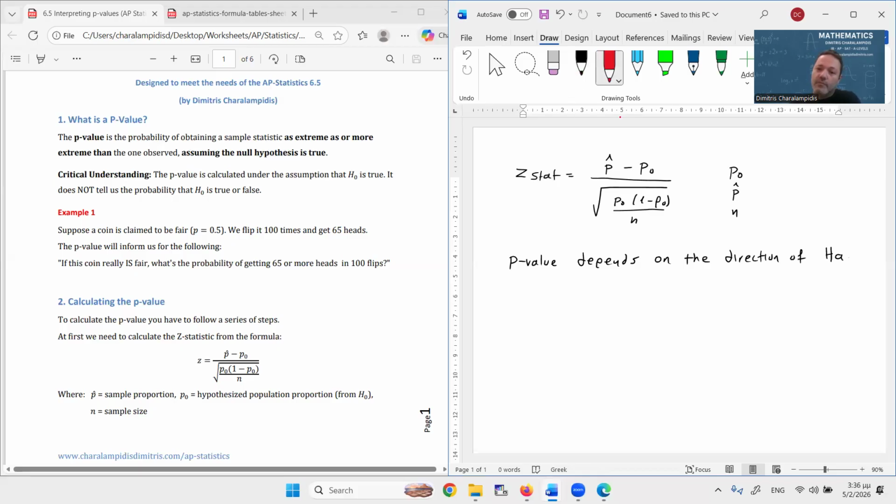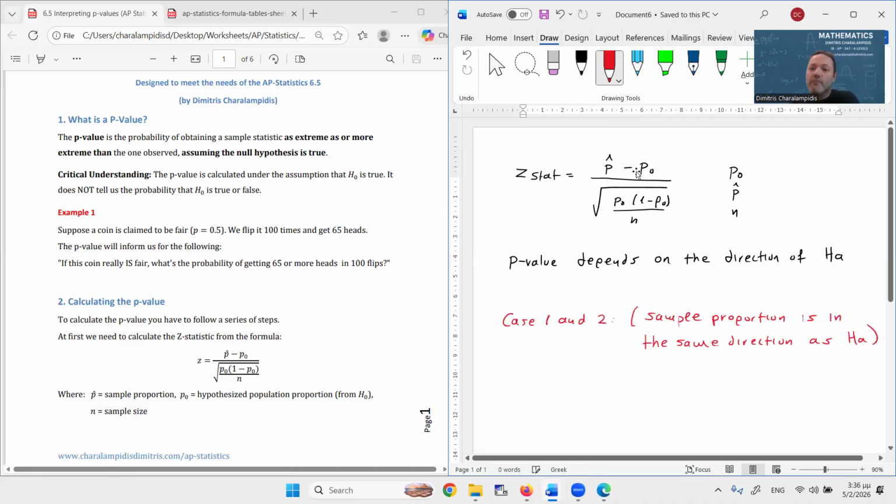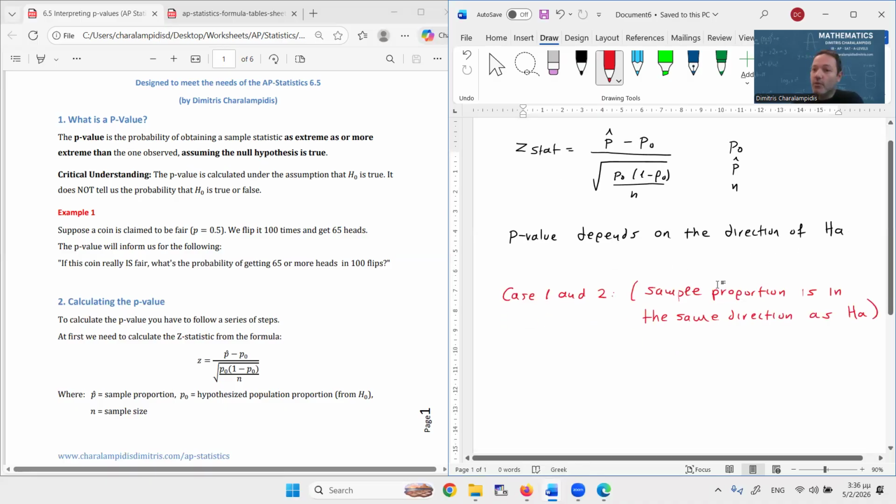So, cases number 1 and 2: the sample proportion is in the same direction as the alternative hypothesis. And let me make things a bit clearer through an example.